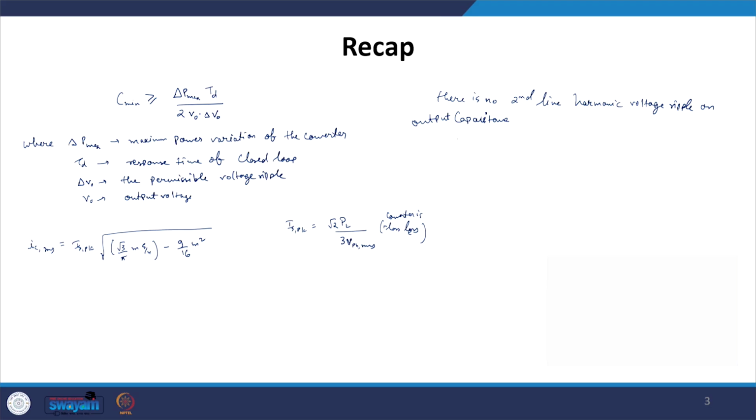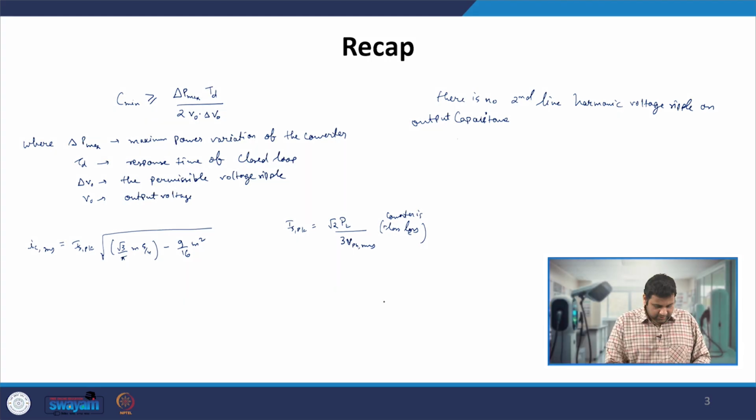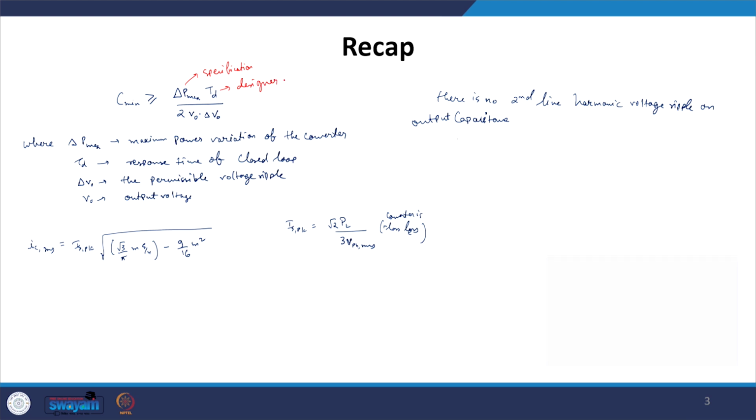However, depending upon the variation in the power or the variation in the load, one can size the capacitor such that the output voltage ripple is within the permissible limit, and this is given by this formula where delta Pmax is one of the specification values. TD is one of the designer's choices, where the designer can say what the response time of the closed loop control will be.